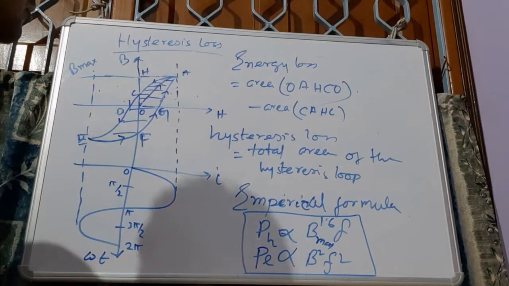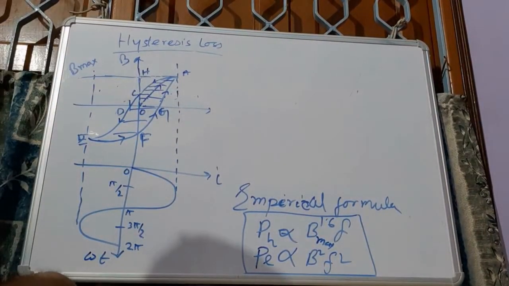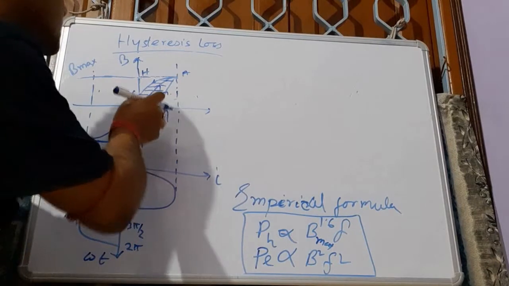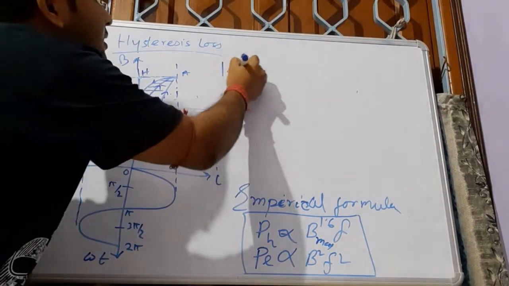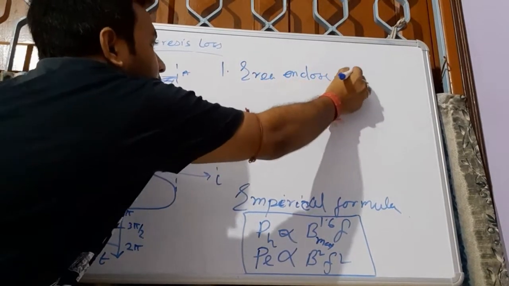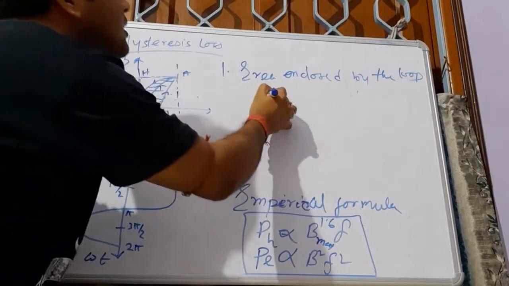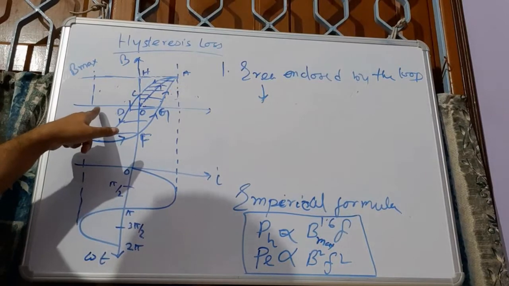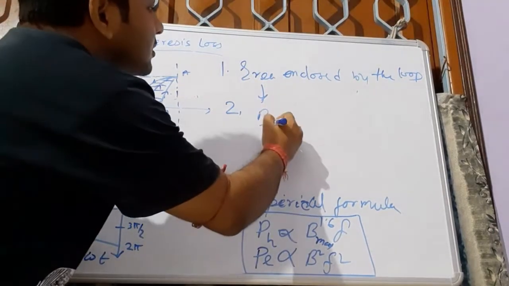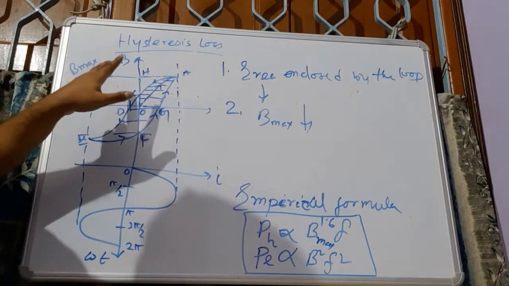Okay, now what we can get from the analysis is that if the area enclosed by the hysteresis loop is reduced, meaning a narrow hysteresis loop, then hysteresis loss will decrease. And from that formula, like eddy current loss, if B max decreases, then hysteresis loss will decrease.